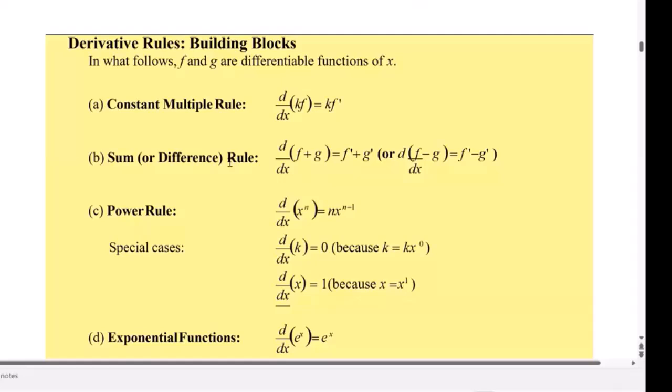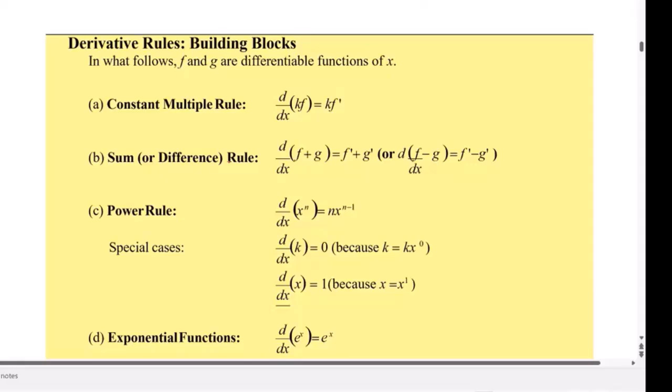I have the power rule that says the derivative of x to the n equals n x to the n minus 1. We just talked about that. And here we have special cases. The derivative of k, which is just a constant, is 0. I showed you that.